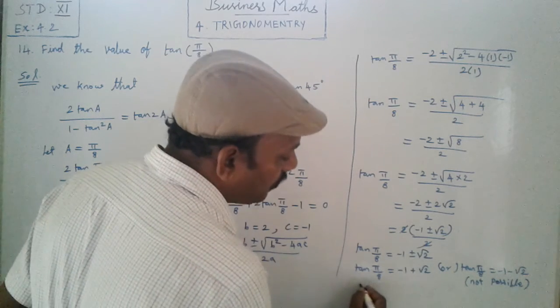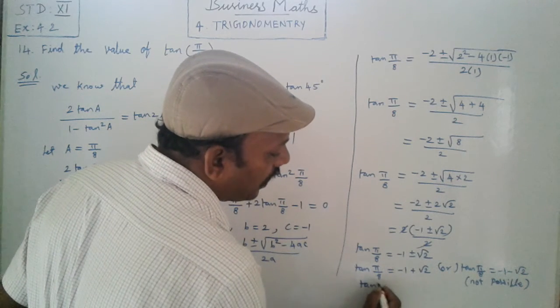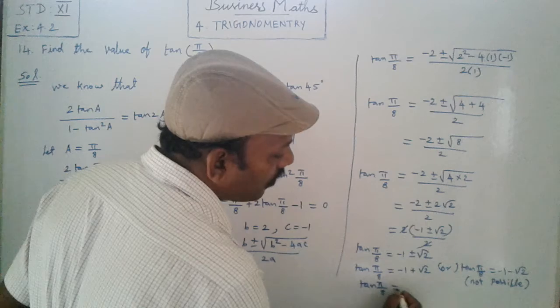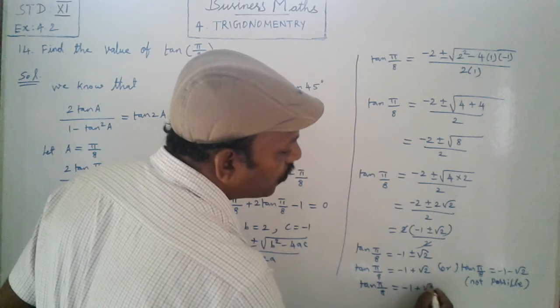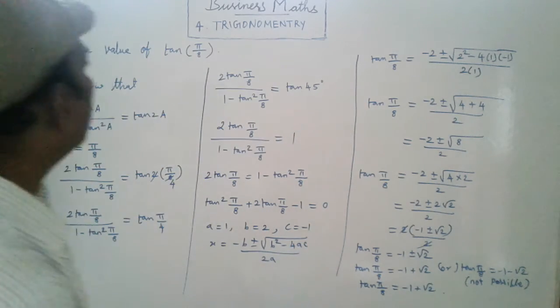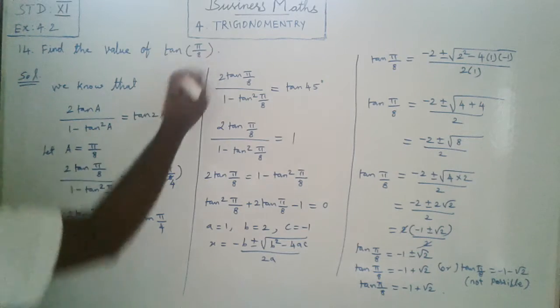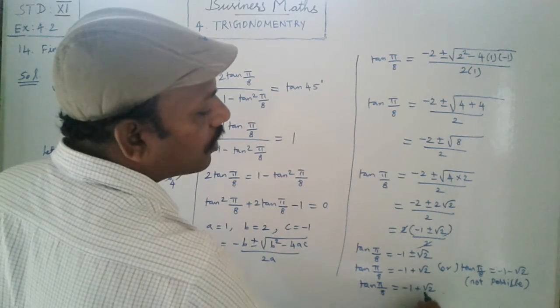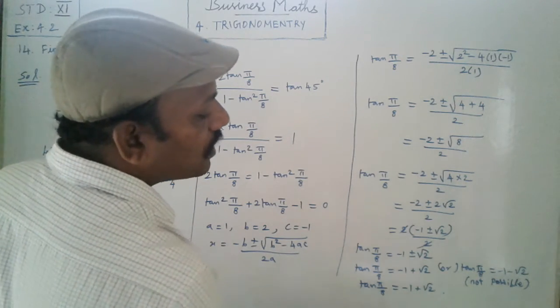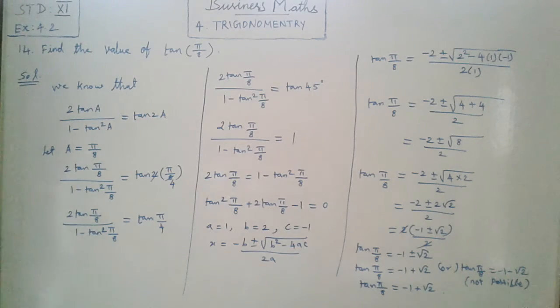So we take tan pi by 8 equal to minus 1 plus root 2 as the answer. So we found tan pi by 8 equal to minus 1 plus root 2. That's all.